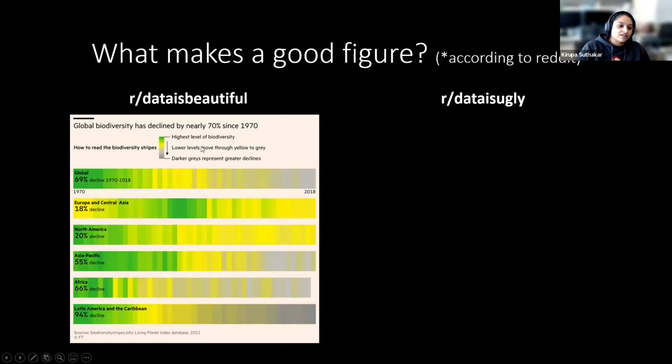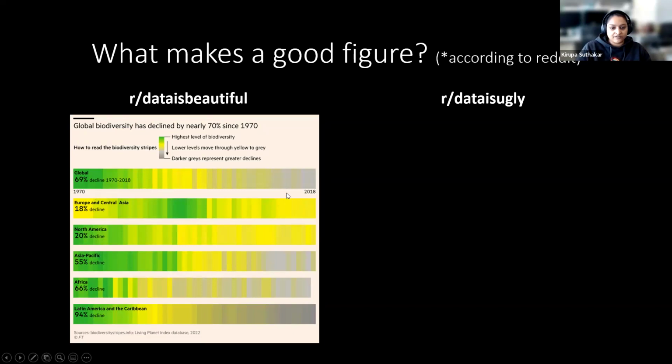It is showing us about global biodiversity. It's telling us that it's declined nearly 70% since 1970. We have this really easy to read key that tells us what we're looking for in the panels below. And then they've summarized here on the top panel, global biodiversity. So this matches what they've said here, 69% matches what it said here, declined since 1970 to 2018.